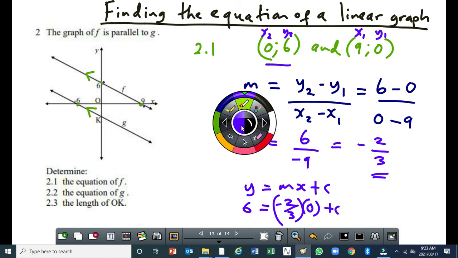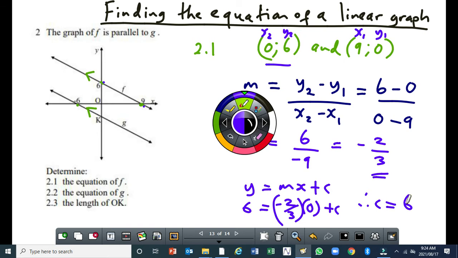I'm sure you can see that minus 2 over 3 times 0 gives us a 0. So c is going to be 6, which is the value of y here. You don't have to do that calculation. If you see that there's a y-intercept on the graph, you don't have to calculate c. It's unnecessary. So what this means is c is going to be 6.